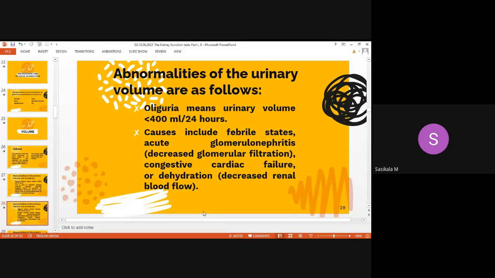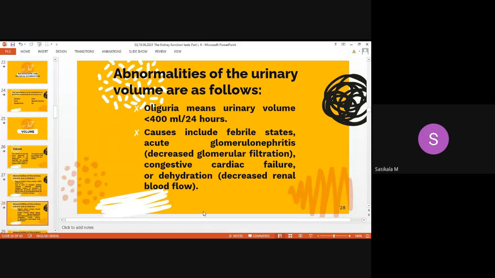And you will be asked by the doctor to take more fluids, like electrolytes, to meet the dehydration. So in that case, oliguria is formed, indicating less than 400 ml per 24 hours. If in 24 hours only 400 ml urine output is measured, that condition is called oliguria.